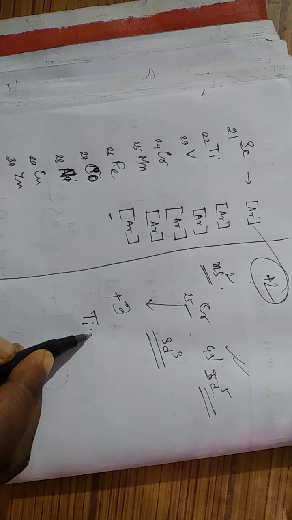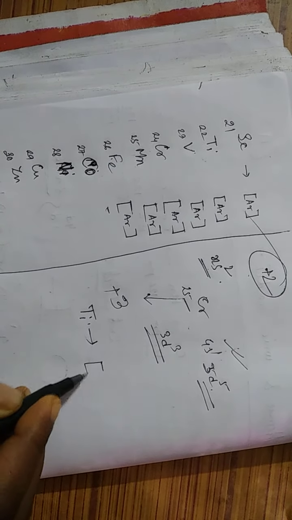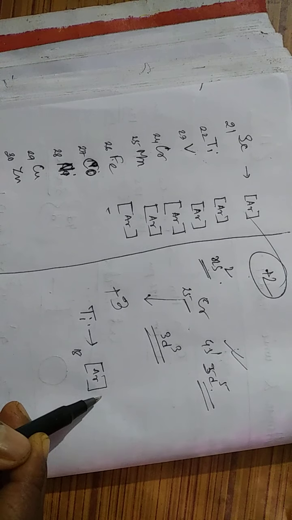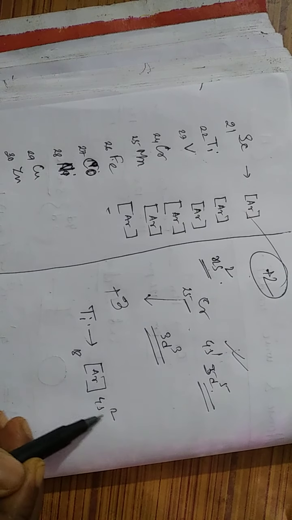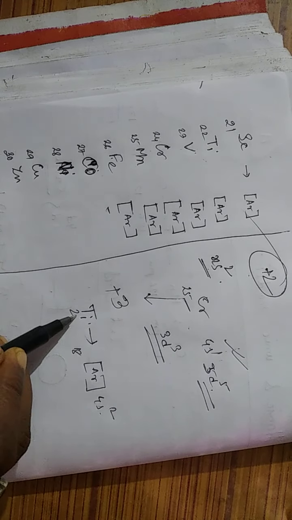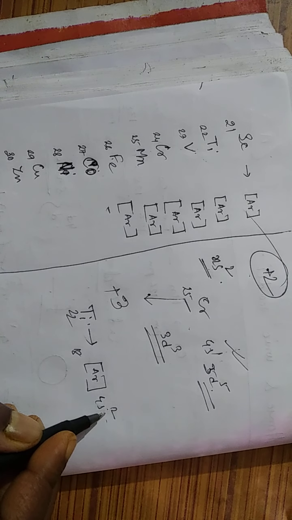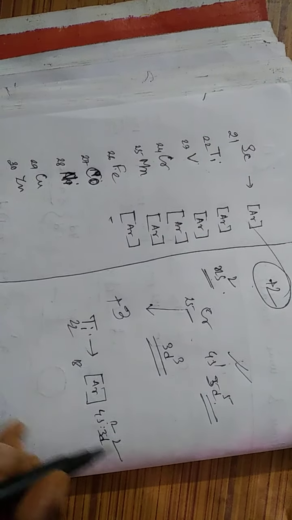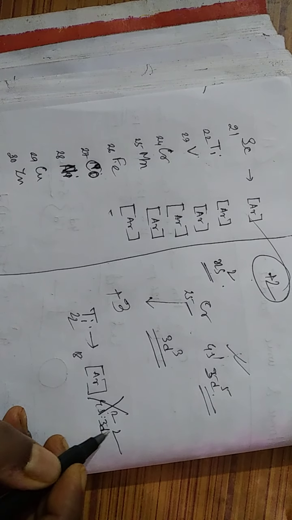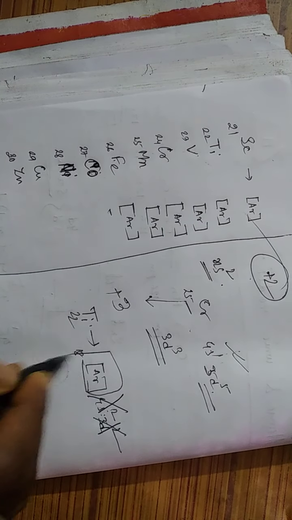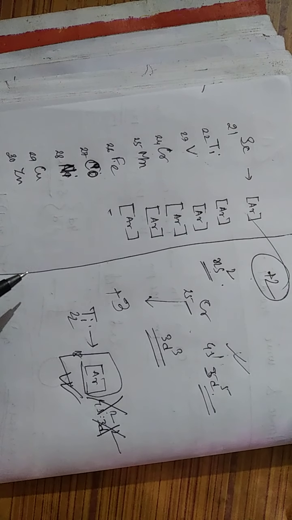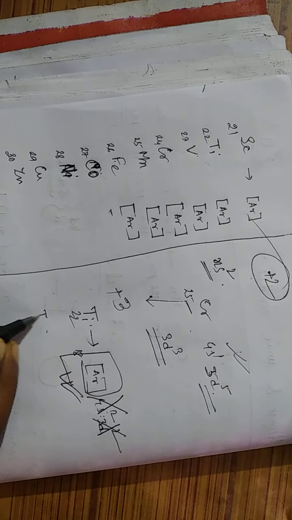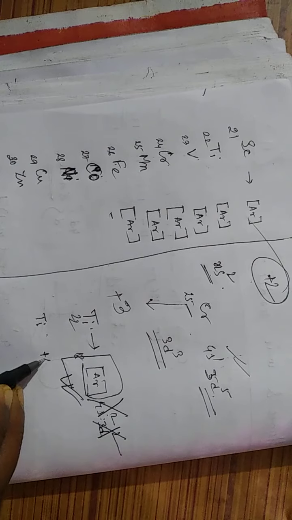Titanium is atomic number 22, so argon 18, then 4s2, which makes 20, and then 3d2. So if it loses 2 electrons from s and another 2 electrons from d, it will gain the stable configuration of argon. Therefore, it will definitely lose these electrons, and thus it has a more stable oxidation state of +4.